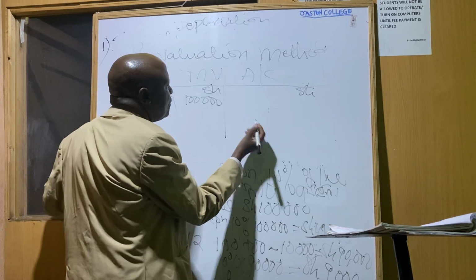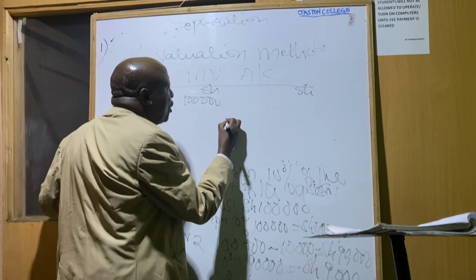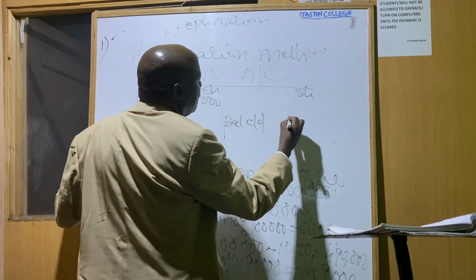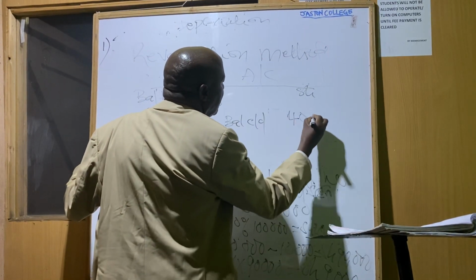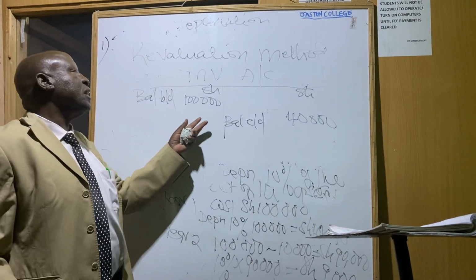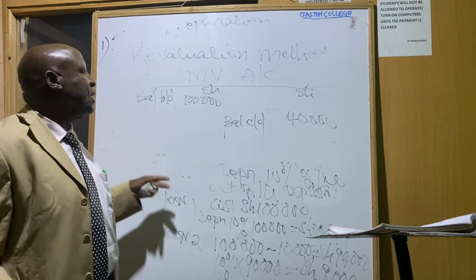So after 3 years, the balance c/d is to be 40,000. At the end of the year, maybe they get it to be 40,000.